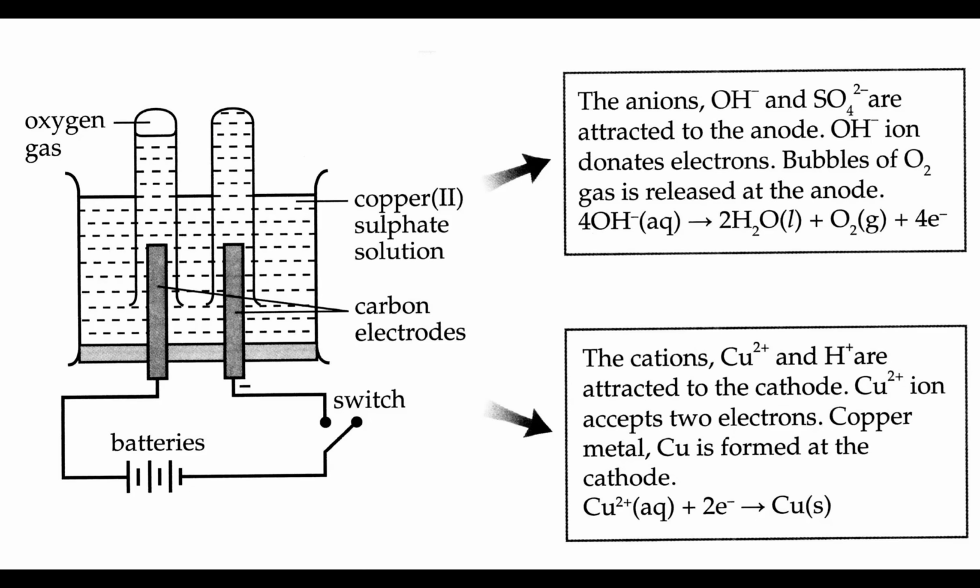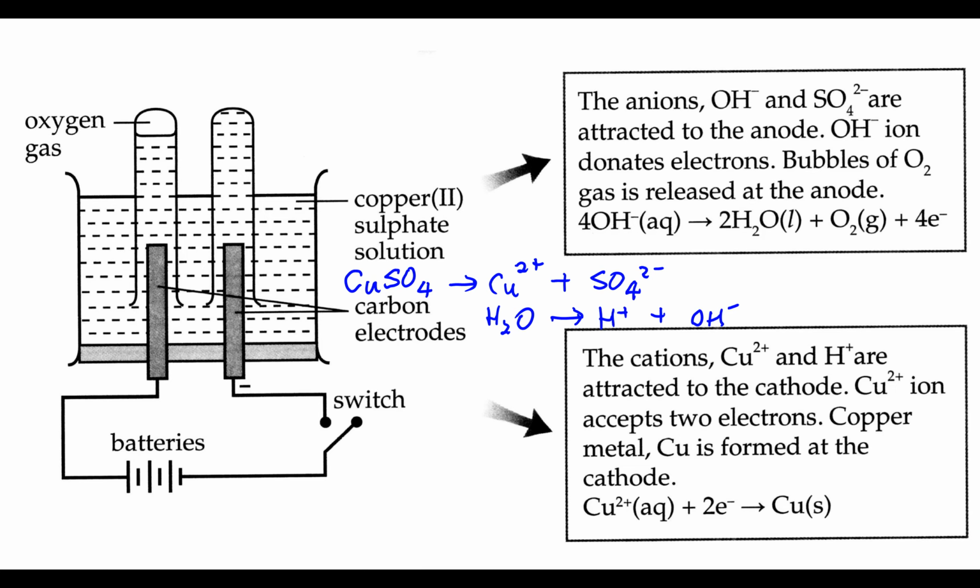Hi, let us now analyze the electrolysis of aqueous copper sulfate solution. Now, in that solution, there are 2 cations and 2 anions. The copper sulfate itself will produce the copper 2 plus ions as well as the sulfate ions. Water will provide the hydrogen ion and the hydroxide ion.